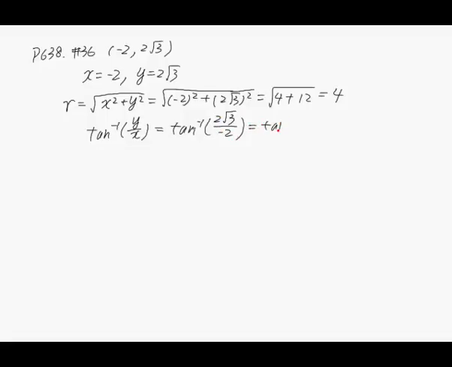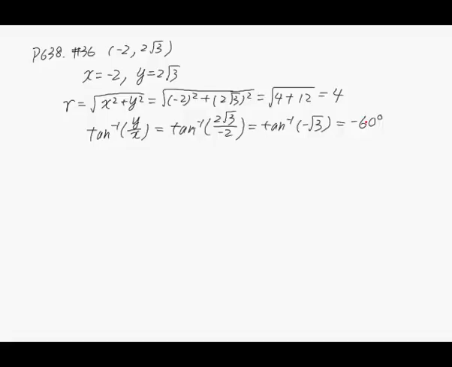So this is tangent inverse of negative root of 3. What is the angle for this tangent inverse of negative root of 3? We know inverse tangent of root of 3 is equal to 60 degrees, right? So this should be equal to negative 60 degrees.